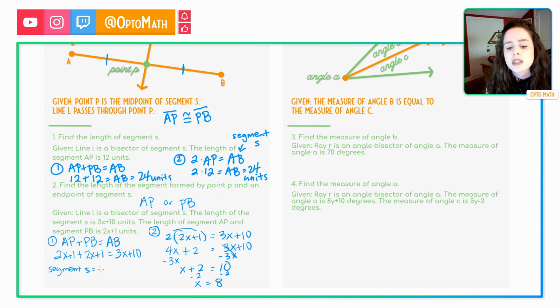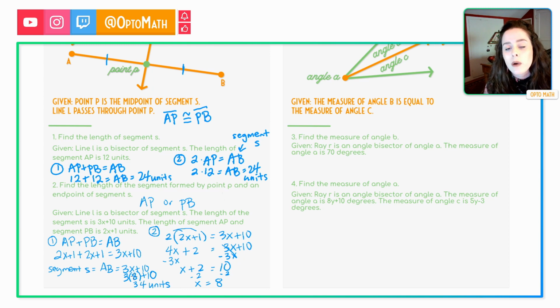Segment S, which is AB, equals 3x plus 10. So let's substitute. 3 times 8 plus 10. 3 times 8 is 24 plus 10 is 34. And that's going to be units. So we're done for finding the length of segment S.